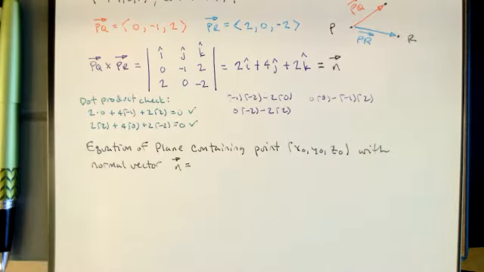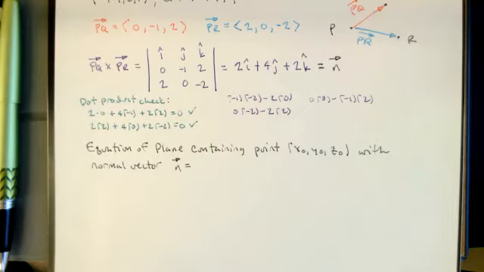I can't remember the notation that this book uses. What is it named? The components of the normal vector. Oh, hey, there's a variation on the problem that we're doing.